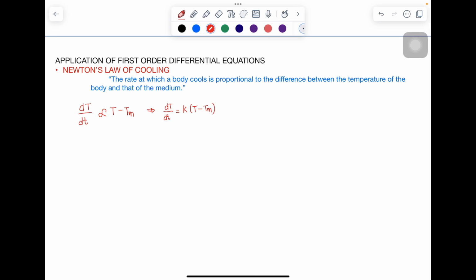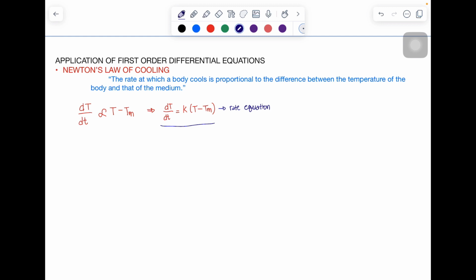So this is now your rate equation. So how do we apply differential equations here? Basically, this equation is a differential equation, right?